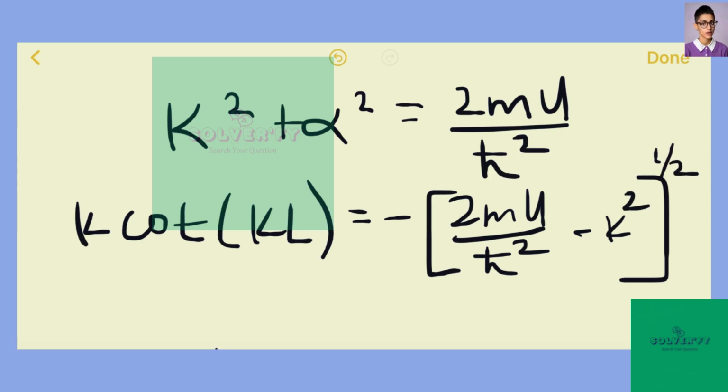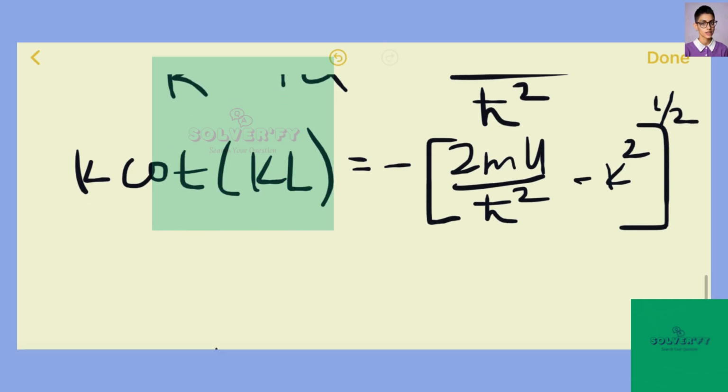Okay, so let's multiply by L and square it. We're going to multiply by L and square it so that we can get L on both sides and we can get rid of this 1/2. But let's also use that cotangent squared, since we're squaring both sides.